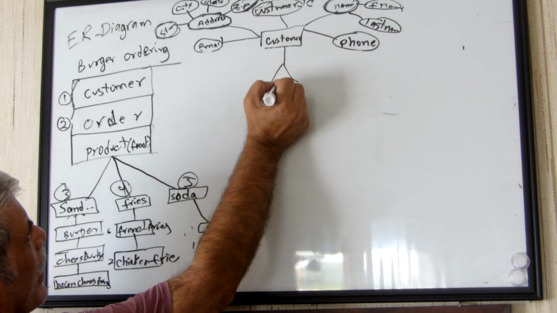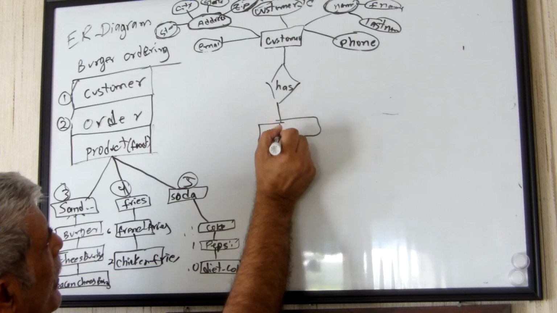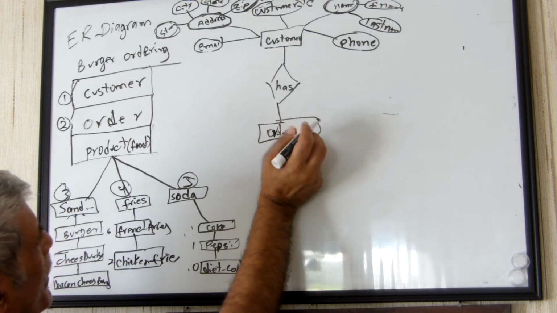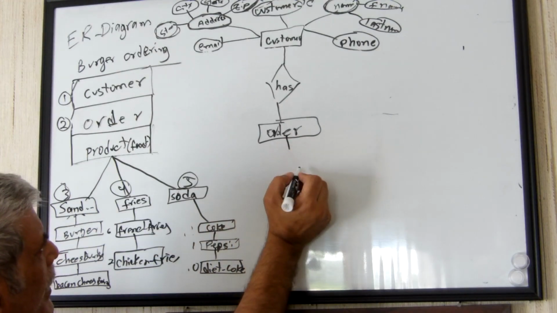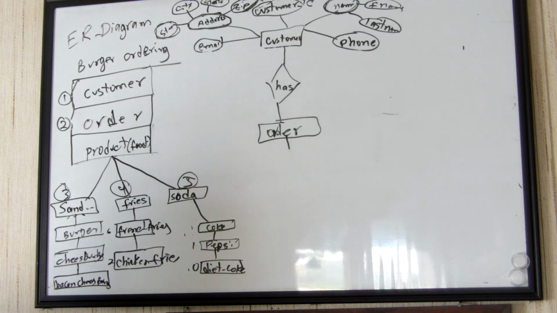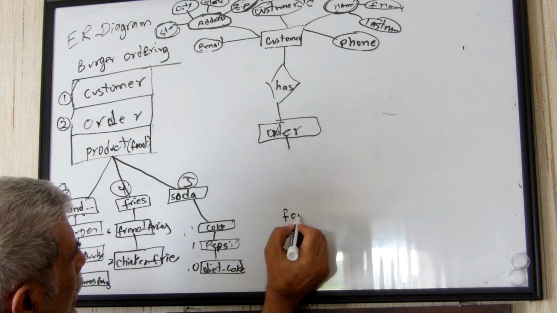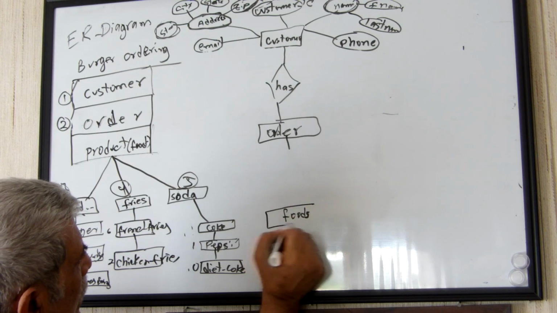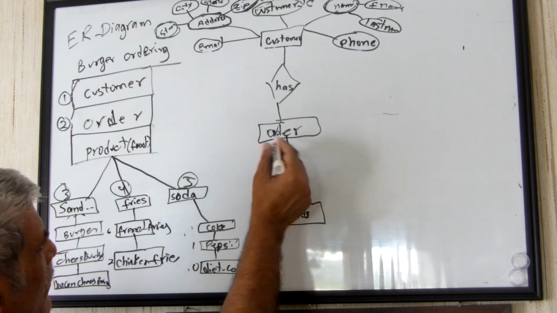So after a customer has an order, and the order, let me complete this one, here you have a product of food, foods, and then you have a relationship between order and foods.